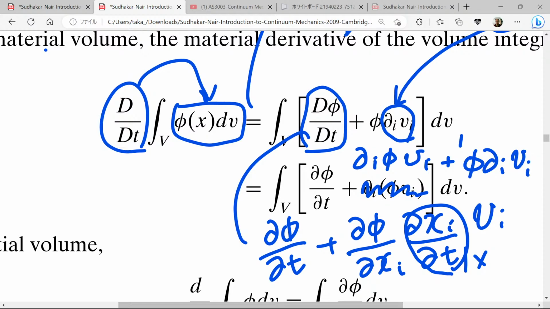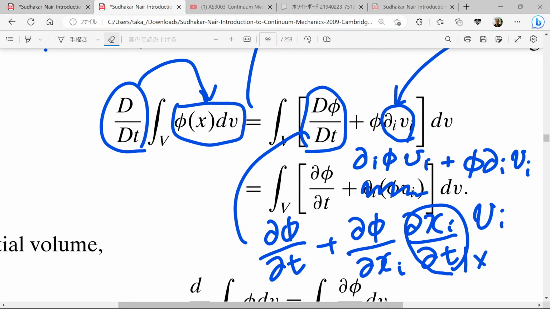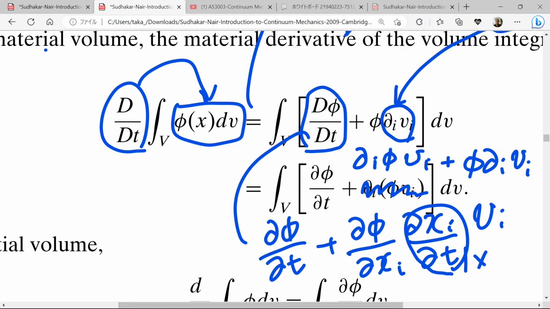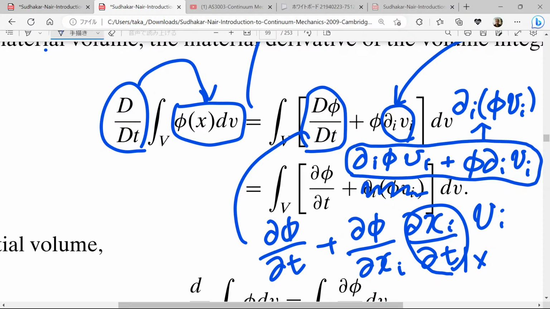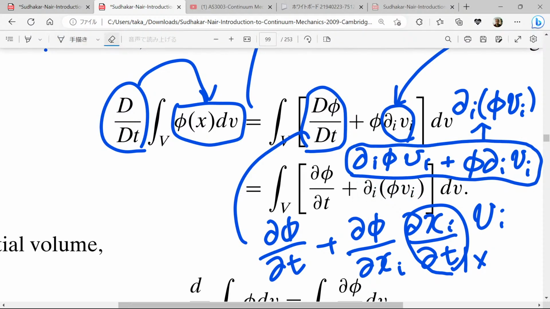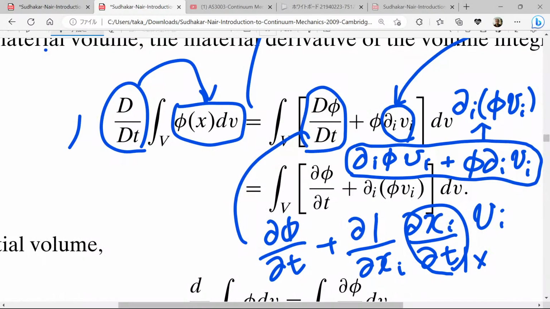So this one you can see carefully. This is the derivation of a product. So this is more like partial i of phi vi. So I think we successfully derived this part.